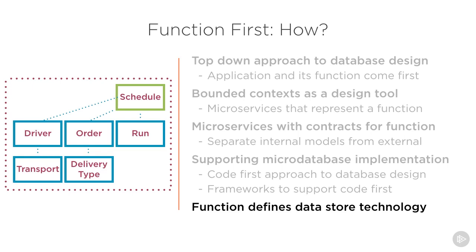But with the function first approach, if we define we have minimal relationships between entities and it's actually all about performance and reading the data, we might end up choosing a NoSQL data store instead of a relational data store. So our conclusion for the approach to database design for microservices architecture is to use design techniques like the bounded context and technologies which support function first for database design in order to implement your microservices database.